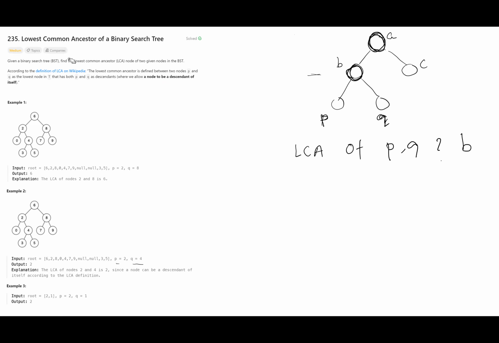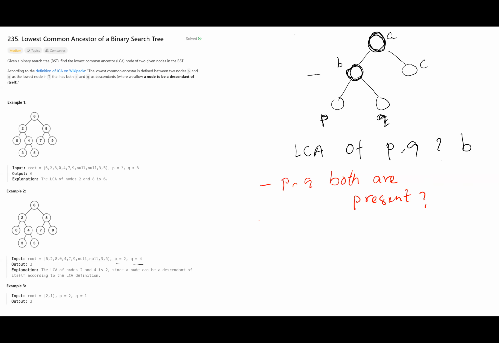Other questions that you should clarify, not only in this interview but in any kind of interview: are you sure that P and Q are both present in the tree? Can you tell us? There might be cases where one of these is not present.